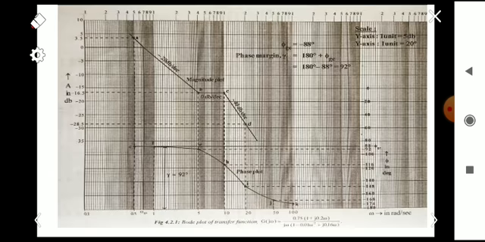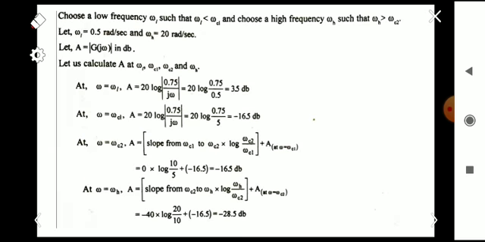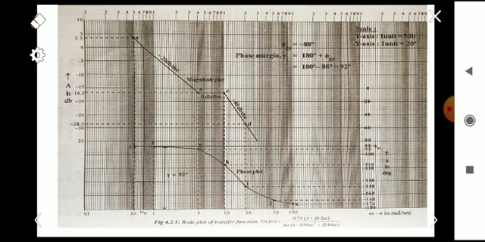Okay, and after that we have to plot the magnitude plot as well as the phase plot. Here the magnitude plot is plotted against omega for different values of omega. In the y-axis we are taking the gain in decibel. Here the range is from 3.5 to minus 28.5, that is minus 28.5 is the value less than 1, and up to 3.5 we have to choose the scale.